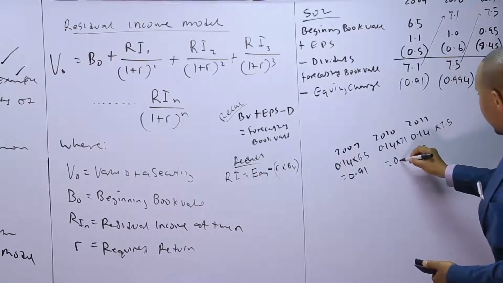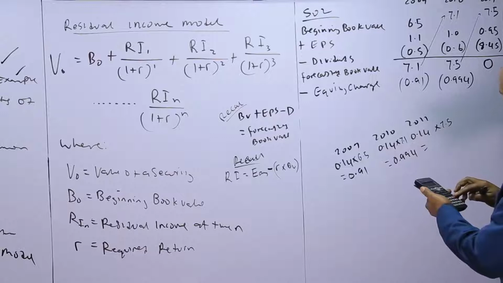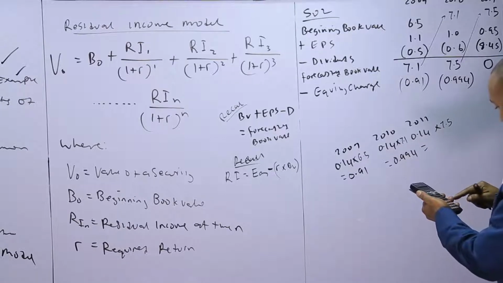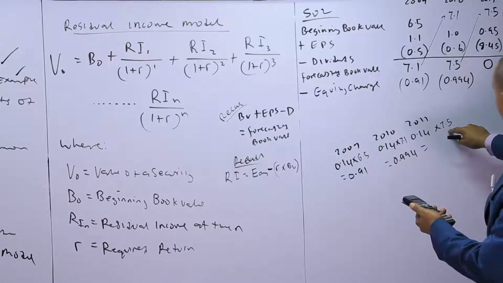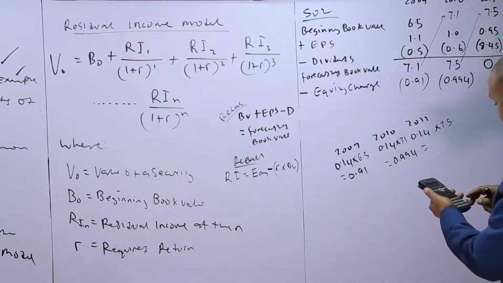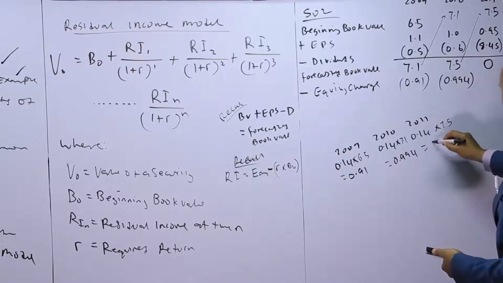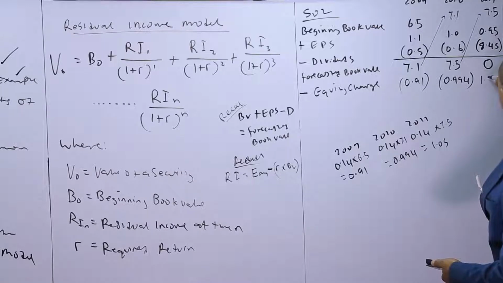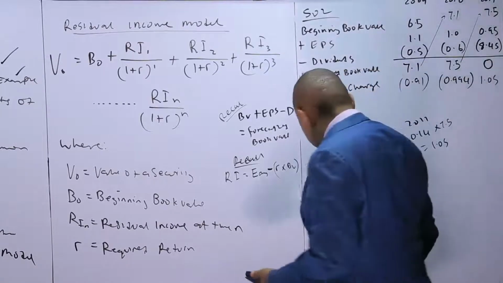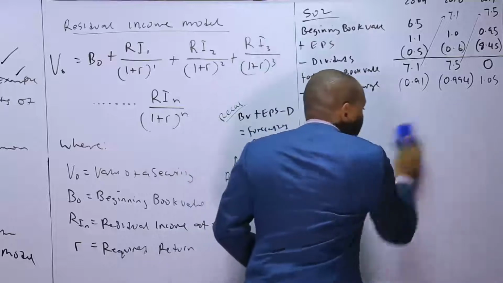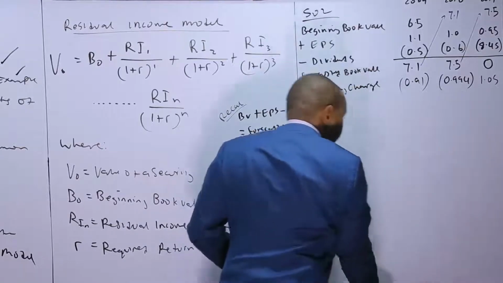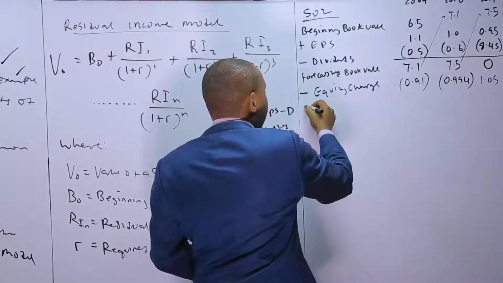And finally, for 2011, 0.14 multiplied by 7.5. 7.5 is the beginning book value. We have 1.05. Now we can come and rub off this right here so that we can compute the residual income.